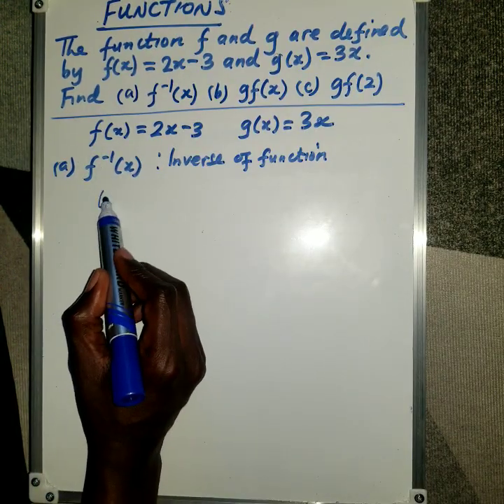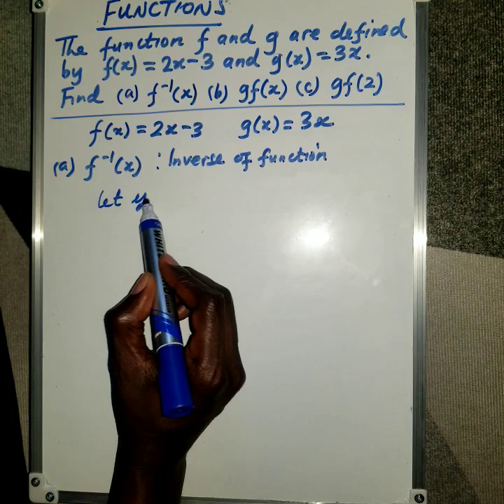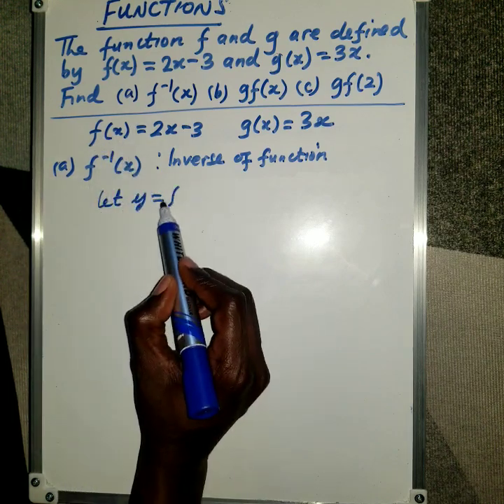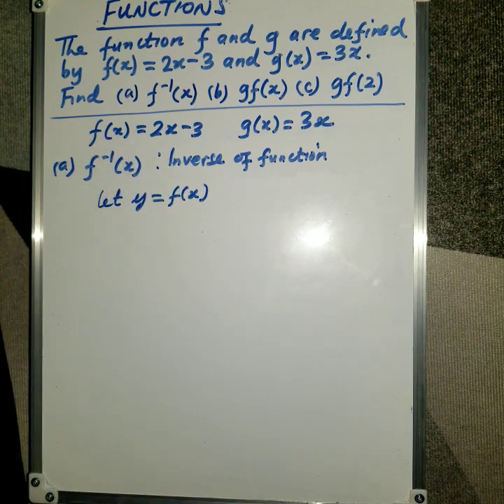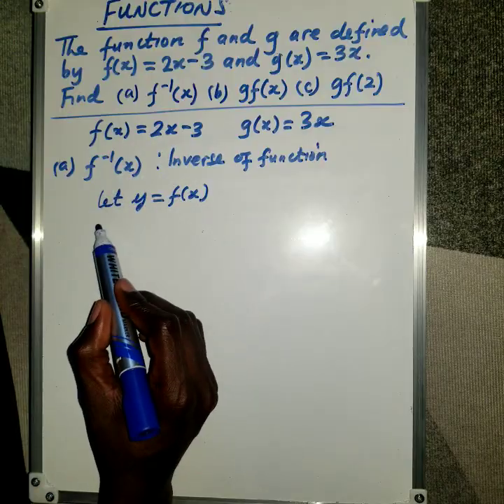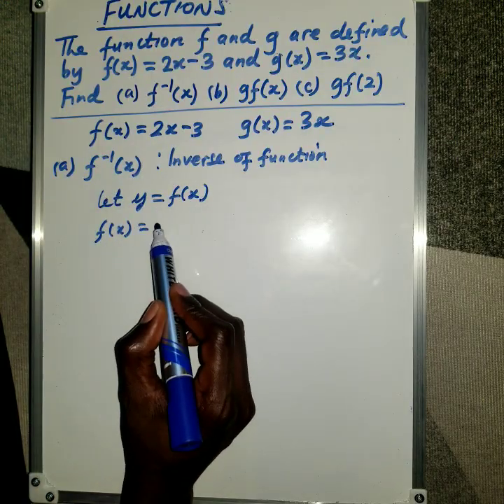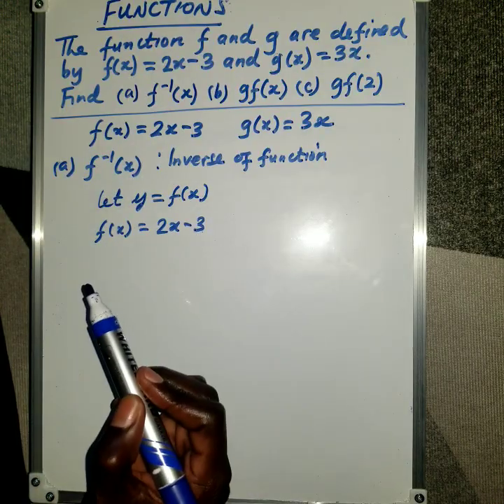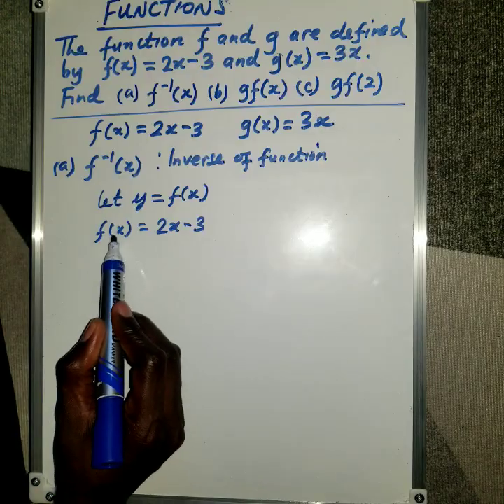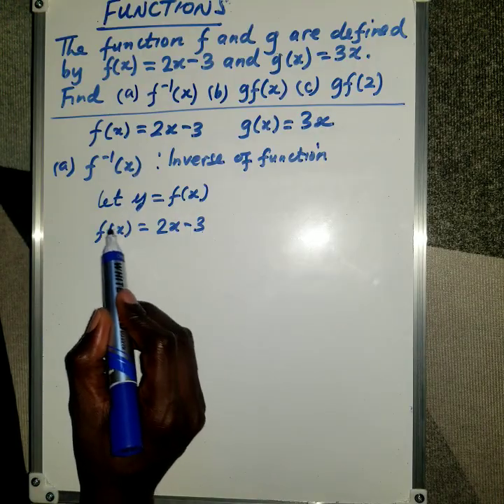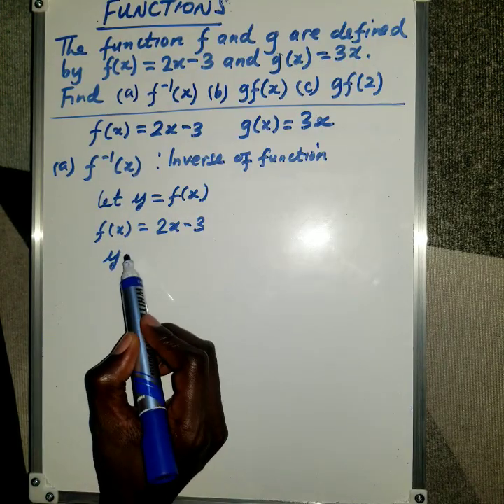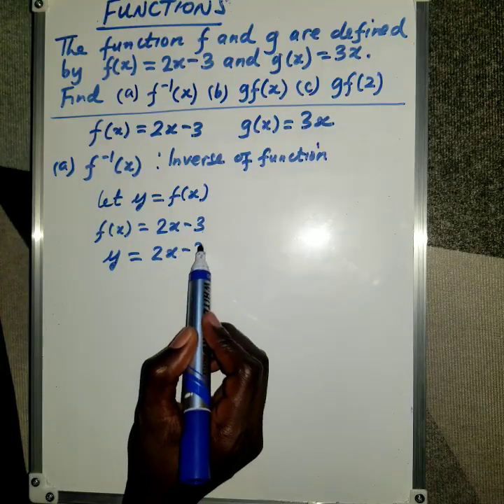So you simply let y be equal to the function f of x. In this function, f of x is equal to 2x minus 3. Where there's f of x, remember f of x is now y, so you substitute with y. So it will be y is equal to 2x minus 3.